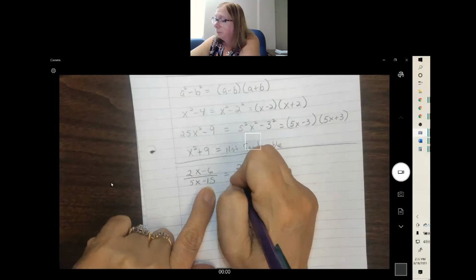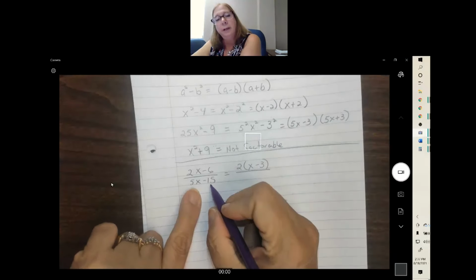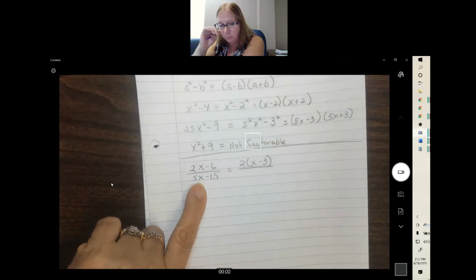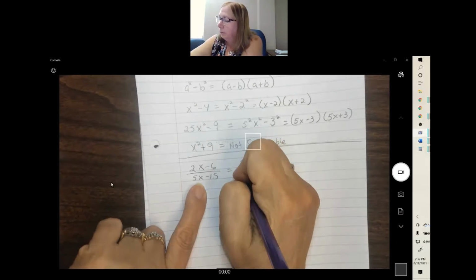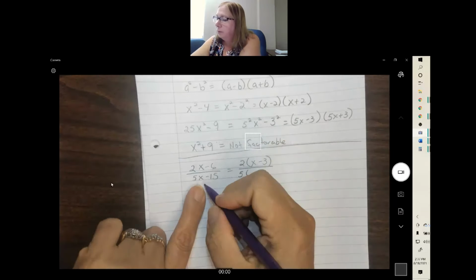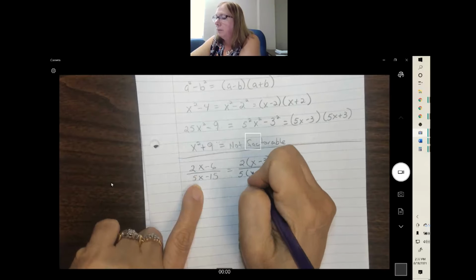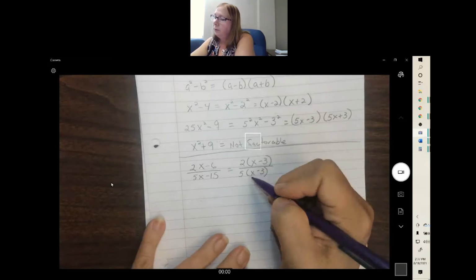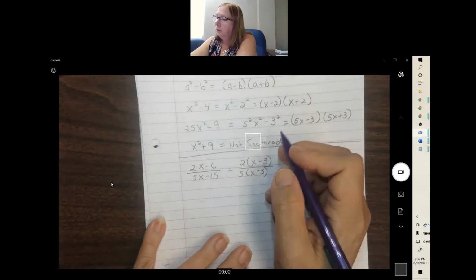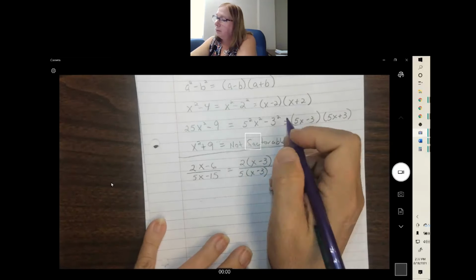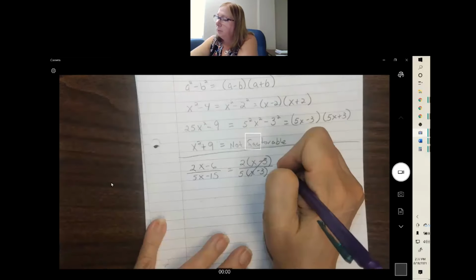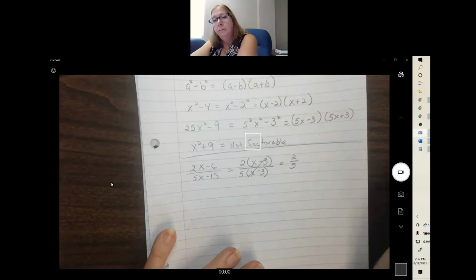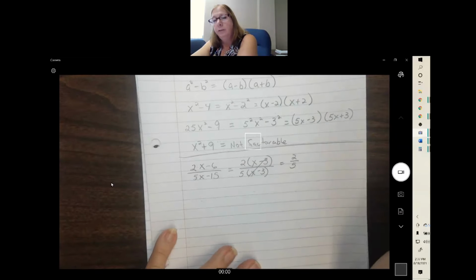And factor out of the bottom. What can we factor out of the denominator? 5. 5 goes into both terms. So when we pull the 5, we have an x, and negative 15 divided by 5 is a negative 3. Notice the 2 terms are the same. The quantity has to be exactly the same, and if it is, you can cancel them, and you have 2/5. Any questions on that?